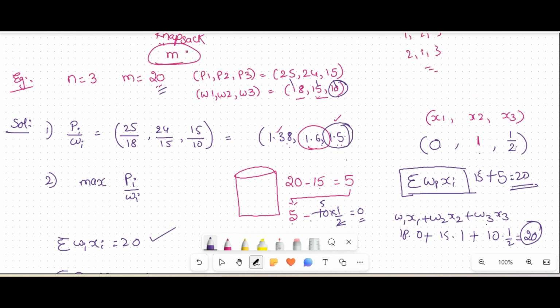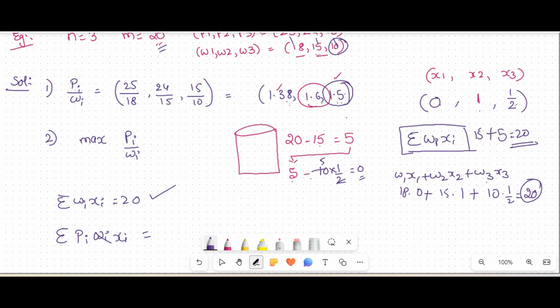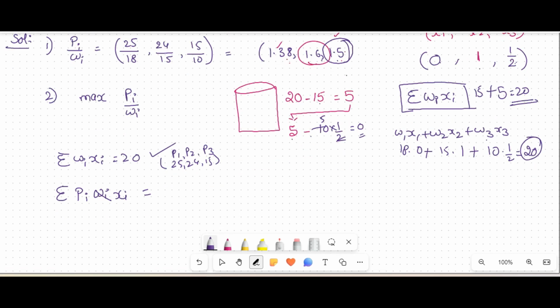Profits are 25, 24, 15: first object profit, second object profit, third object profit. So pi xi: P1 x1 plus P2 x2 plus P3 x3.